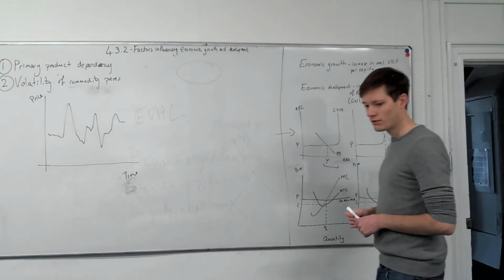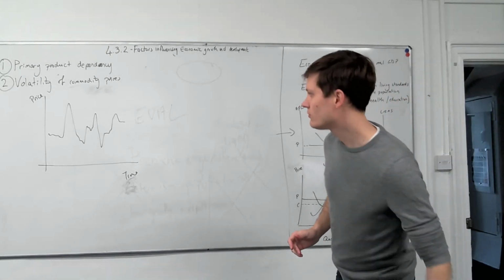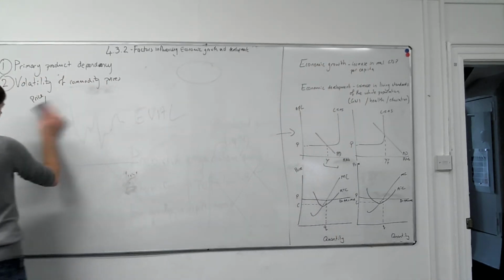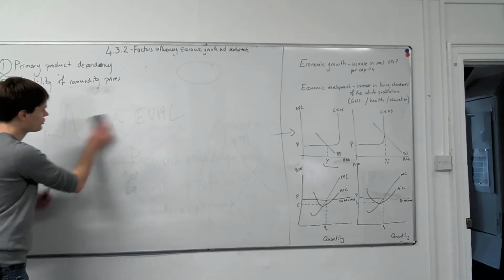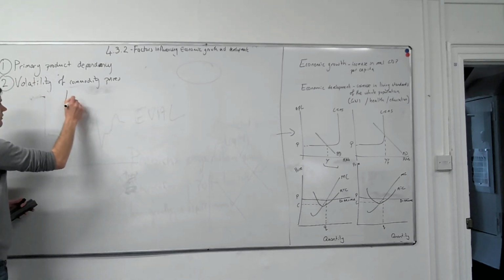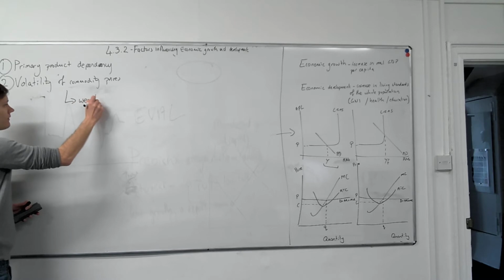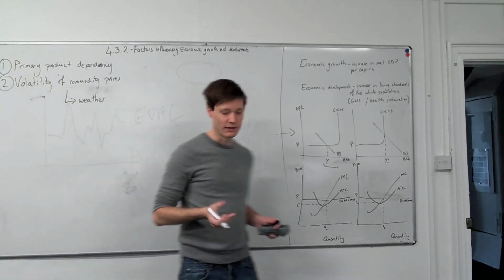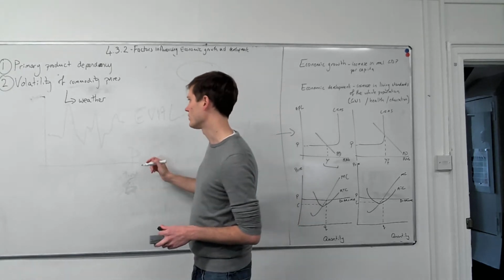Well, one big reason is because a lot of these goods are agricultural. Agricultural goods, they're likely to be affected by supply side shocks. So a lot of these things are affected by weather. And so as the weather changes, you're going to see changes in supply. And as supply changes, the price changes.